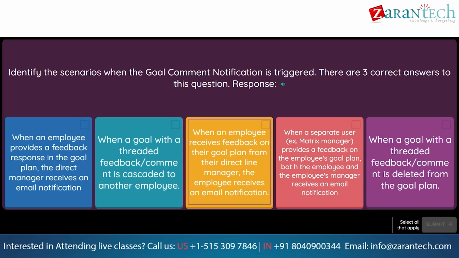Option 3, when an employee receives feedback on their goal plan from their direct line manager, the employee receives an email notification. Option 4, when a separate user, EX Matrix Manager, provides feedback on the employee's goal plan, both the employee and the employee's manager receive an email notification. Option 5, when a goal with a threaded feedback/comment is deleted from the goal plan.